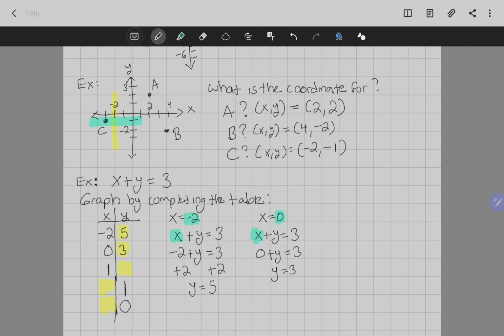On the next one, same exact thing. x is equal to 1. So we got x plus y equals 3, and we replace the x with 1. Minus 1, so y is equal to 2.